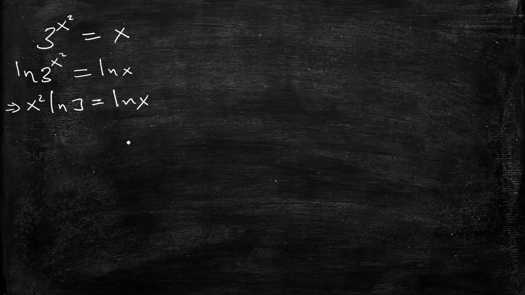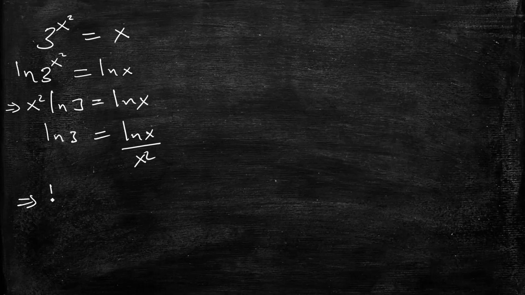Now we are heading towards the application of the Lambert W function. So let's group the x on one side. I'll divide both sides by x squared. So my next step will be this over x squared.